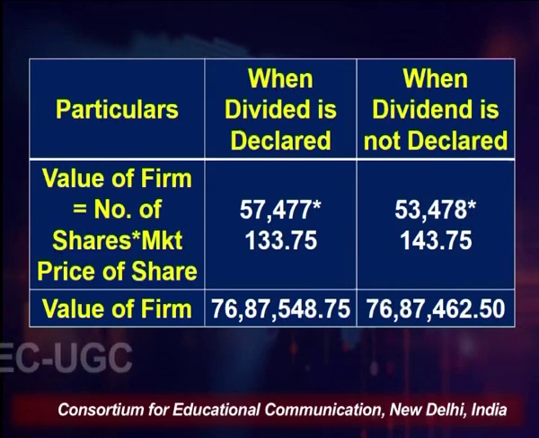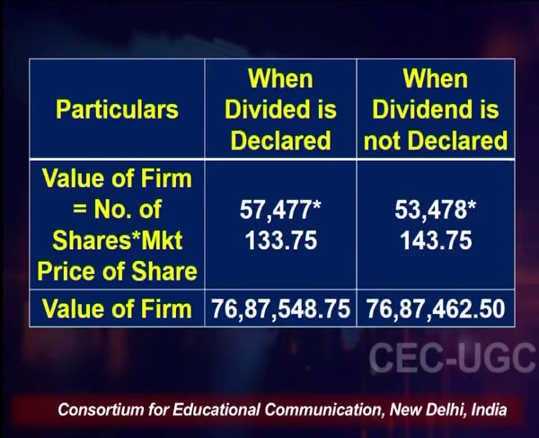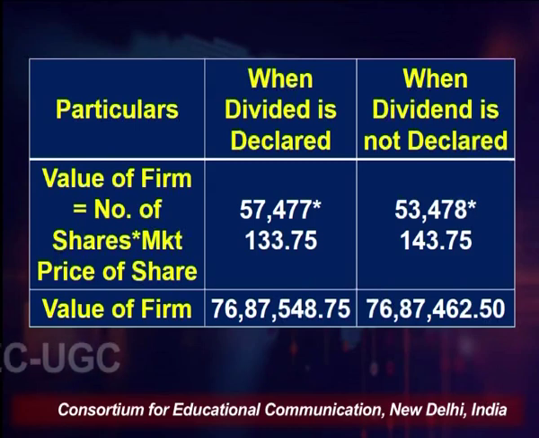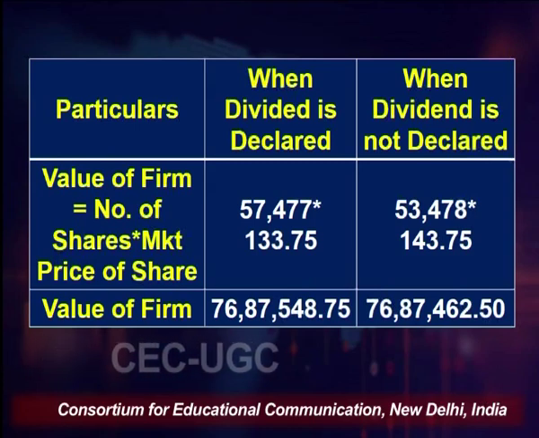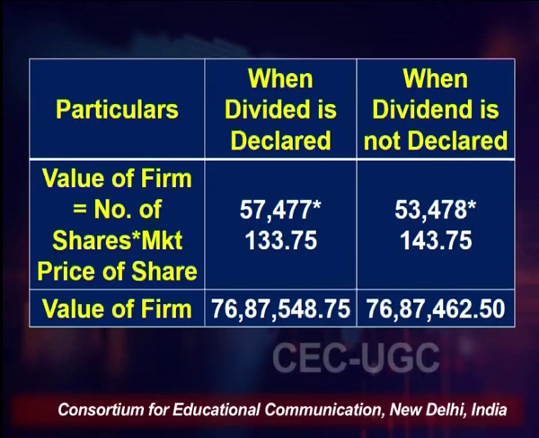So, in the first case 57,477 shares will be multiplied by rupees 133.75, which is the expected market price of the share in this case, and the value of the firm will be 76,87,548.75 rupees.